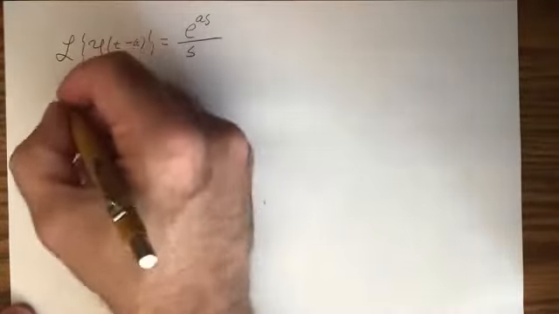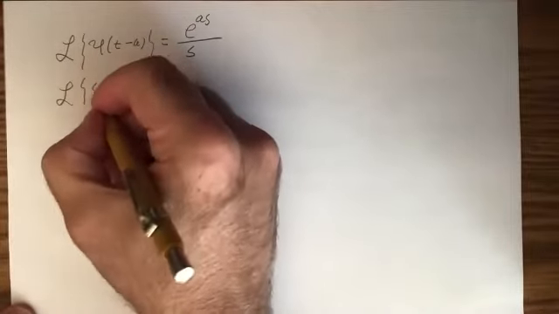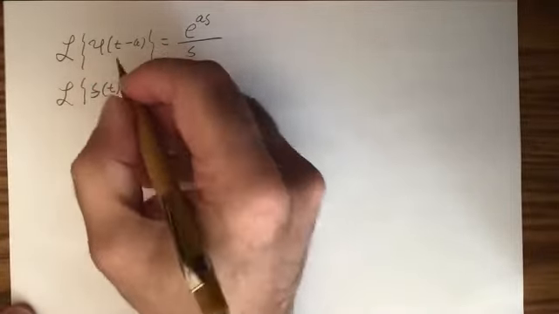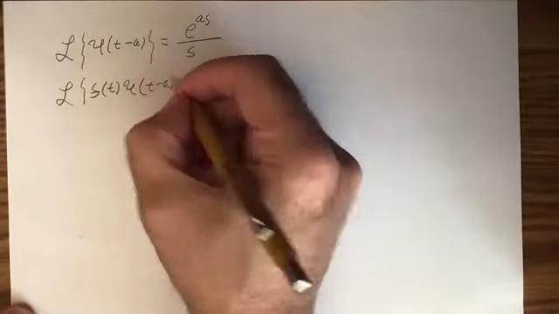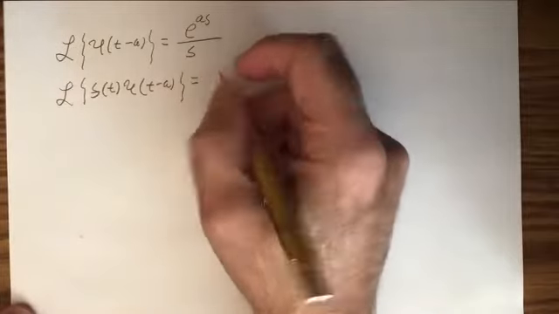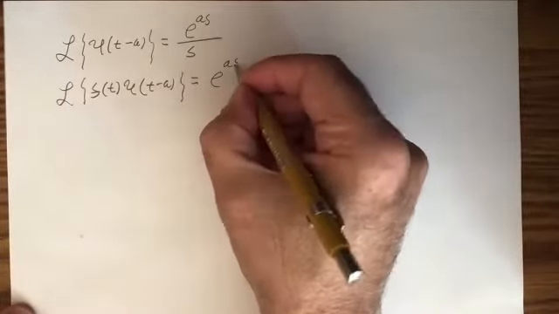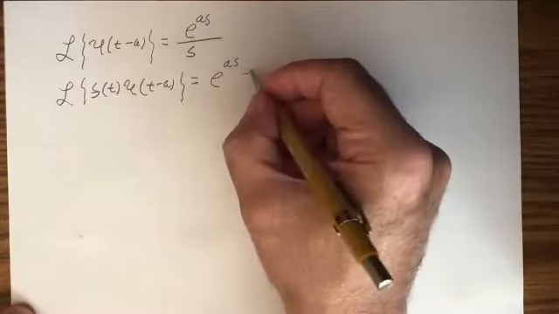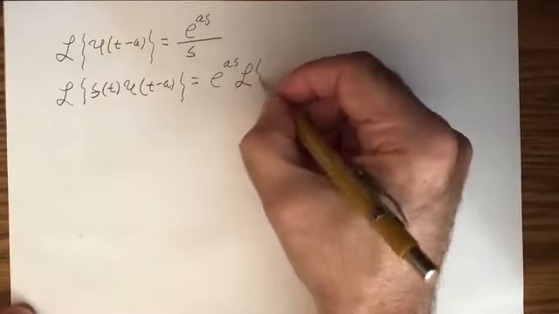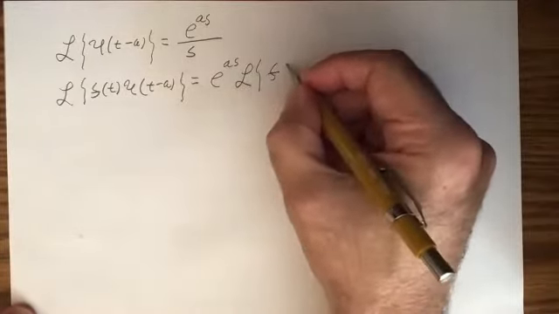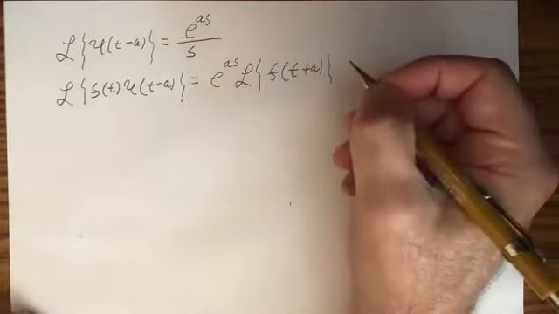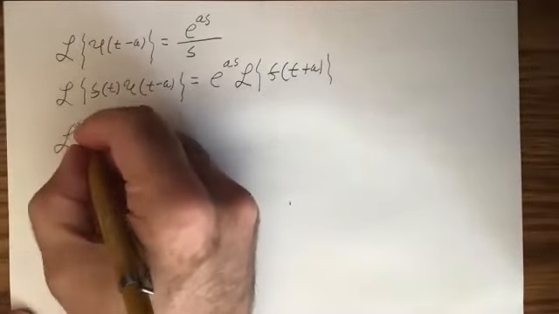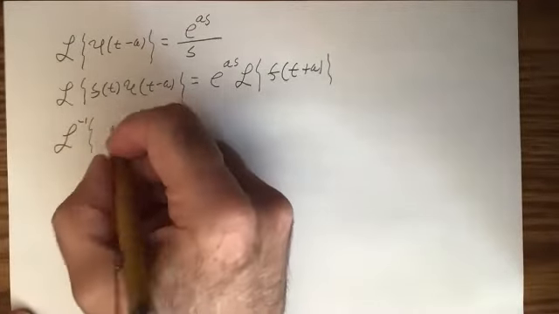And then the Laplace transform of a function times the unit step function is equal to e to the minus as times the Laplace transform of f of t plus a. Okay, and now we also need to know the inverse transform. The inverse, you just take the inverse of this.